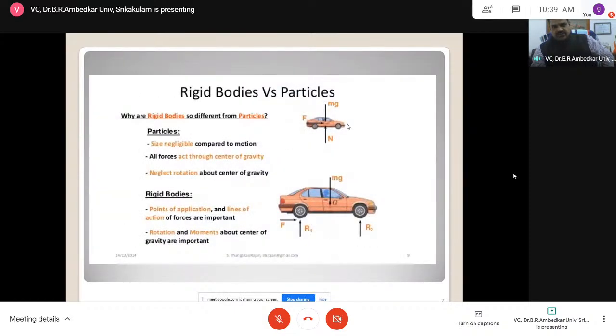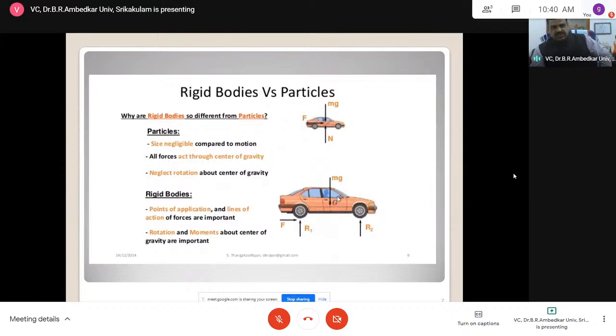This is the force: weight acting downwards, normal reaction. The vehicle is moving in this direction by applying an accelerator or decelerator. Assume that all forces act at the center of gravity, neglect rotation about the center of gravity, only considering translation.